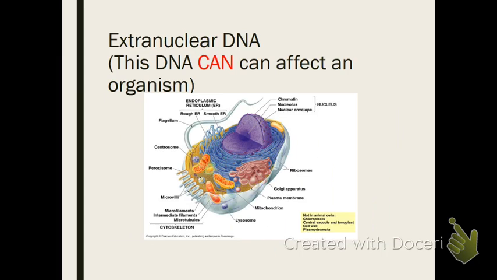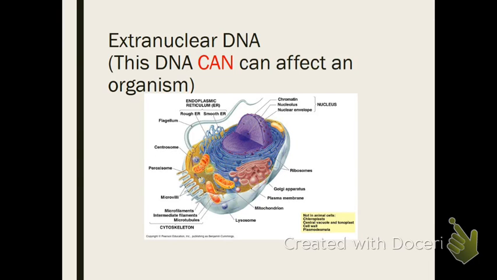All right, now extranuclear DNA is mentioned there at the end of your notes. Extra means beyond or outside, okay? So extranuclear DNA is DNA that we know is not, we've already talked about it, it's not only in the nucleus. You've got DNA in your mitochondria, in your chloroplast, and you also have them in the plastids as well.